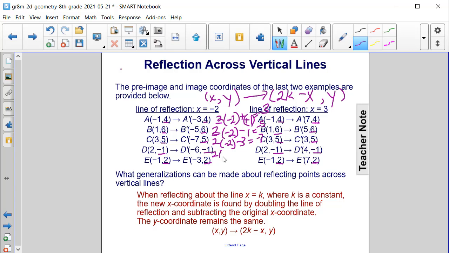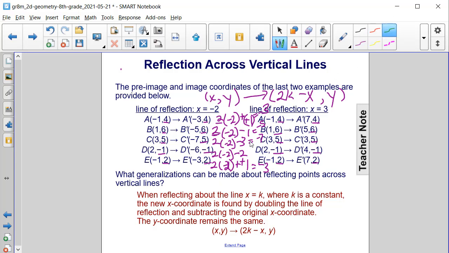So 2 times -2 minus the x-coordinate here is 2. -4 minus 2 does indeed give me -6. 2 times -2, it's the line of reflection, minus -1, which turns into +1, does indeed give us -3.